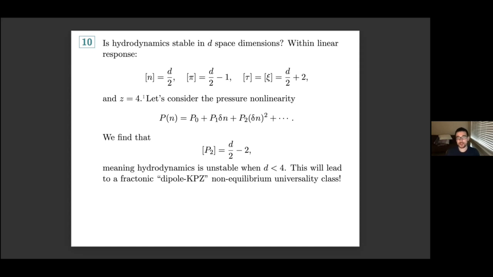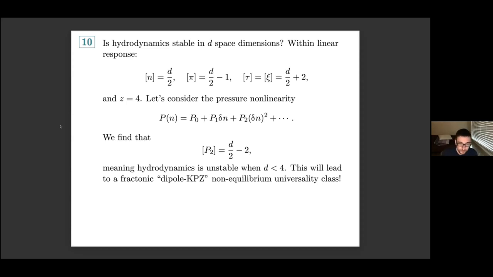It turns out to have a scaling dimension of d over 2 minus 2. So this prefactor P2 in my Taylor expansion of pressure turns out to have a negative scaling dimension below 4 dimensions. And so for this reason, we say that hydrodynamics doesn't exist below 4 dimensions. We don't have this nice derivative expansion. There's an instability to what we call the dipole KPZ fixed point.